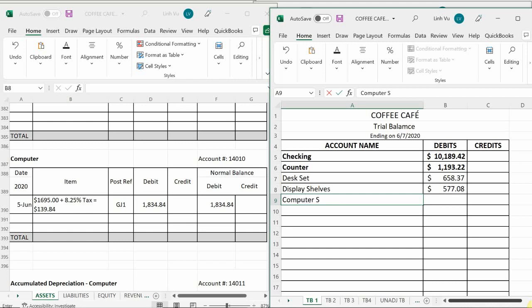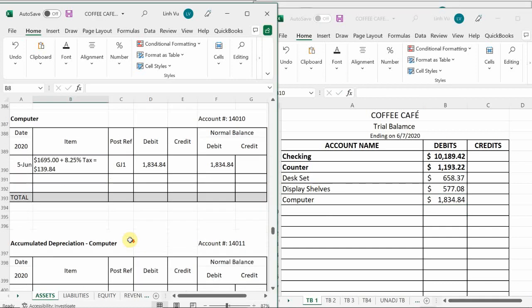This is my sub account for my computer. Okay, and in this case, how much is my computer worth? What's my account balance here? $1834.84.